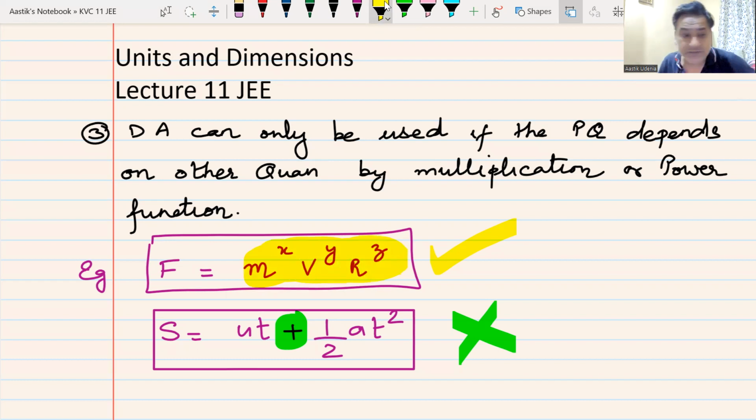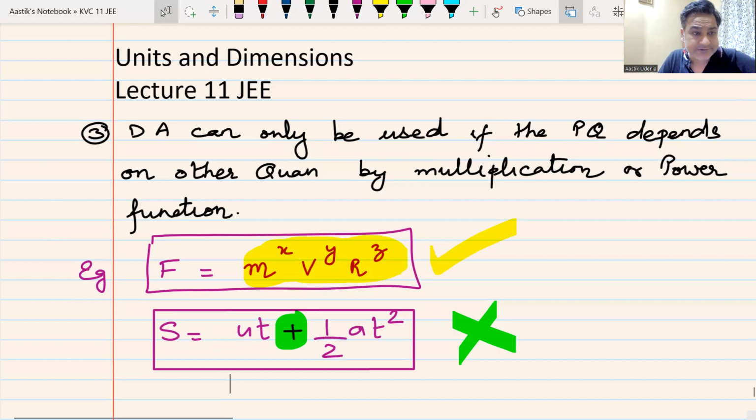Do we understand this? So dimension analysis only works if the dependency is of this type, where you have only multiplication terms coming into the picture and there should not be any addition or subtraction term there. Do we understand this? Yes or no? So this is the third limitation of dimension analysis.